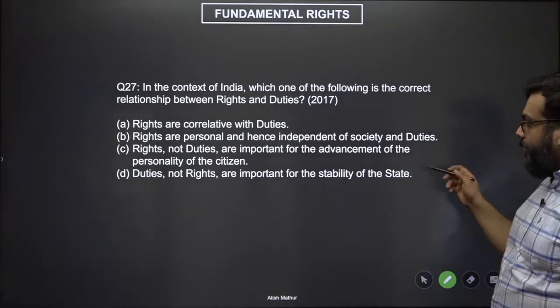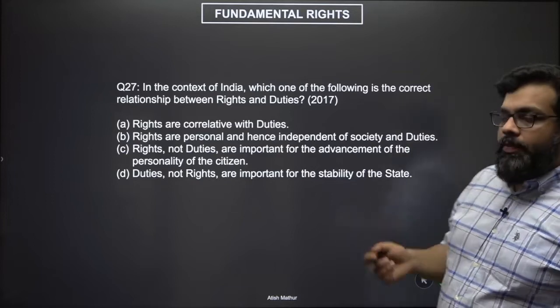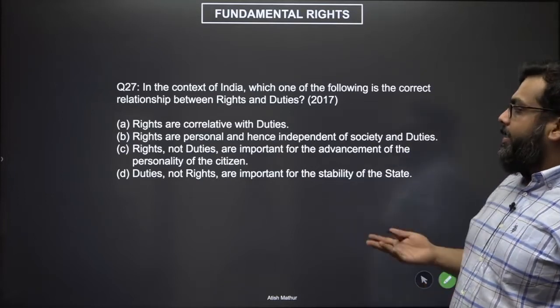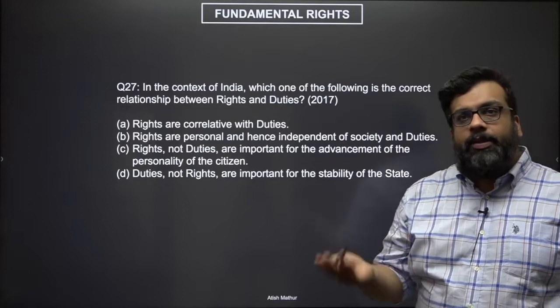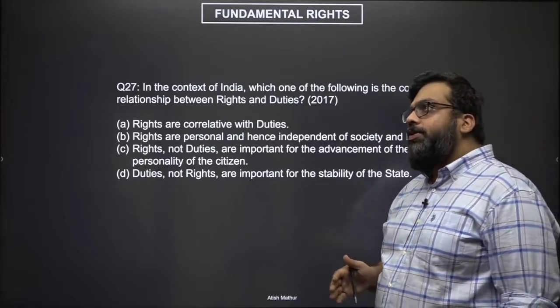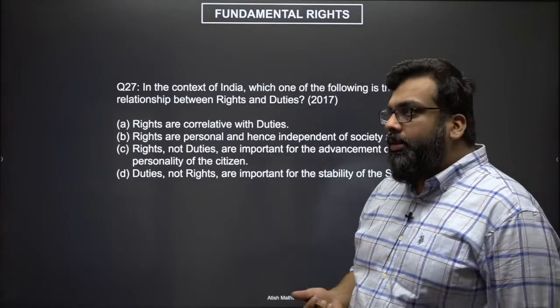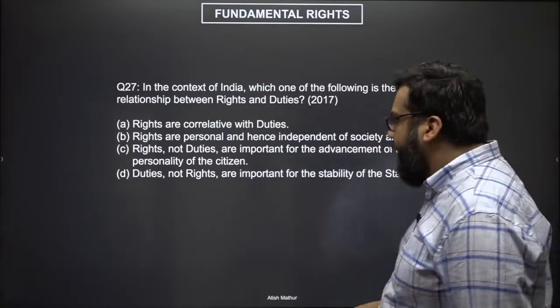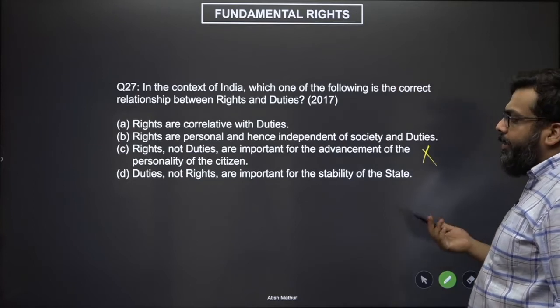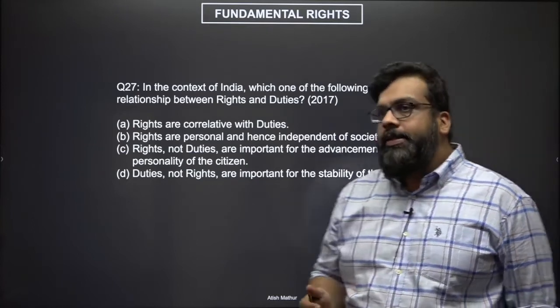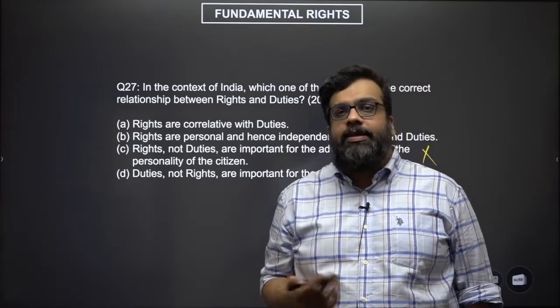Now, option C and option D are contradictory to each other. What option C is saying is, rights are important, but duties are not important for the development of the citizen. So, when a duty says you should have scientific temper, it automatically develops your personality. So, this is wrong. Duties, not rights, are important, which means it does not matter if people have rights or not.